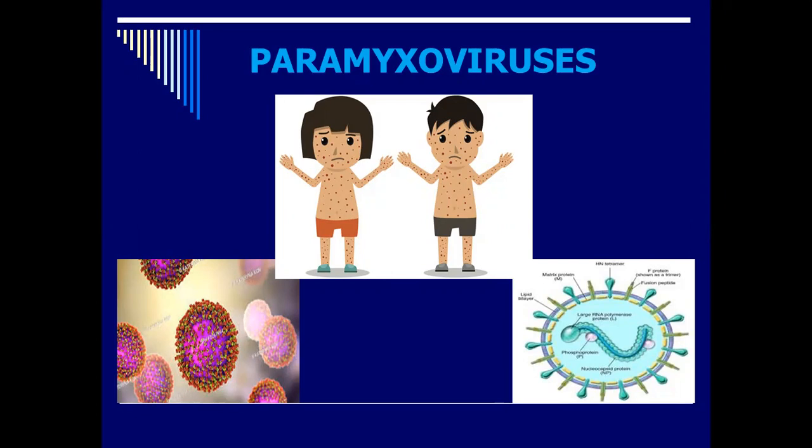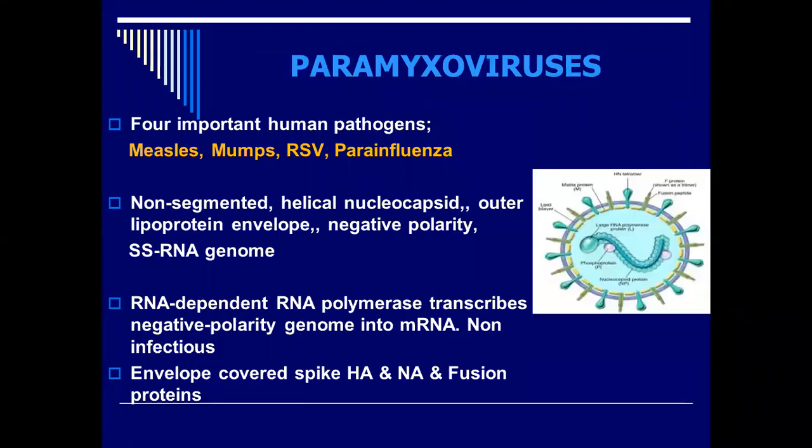And the classical example in case of orthomyxoviruses that we have seen is the influenza A, B, and C viruses, whereas in the paramyxoviruses, we have a group of 4 important human pathogenic viruses, which include the measles, the mumps, the RSV, which stands for the respiratory syncytial virus, and the parainfluenza virus.